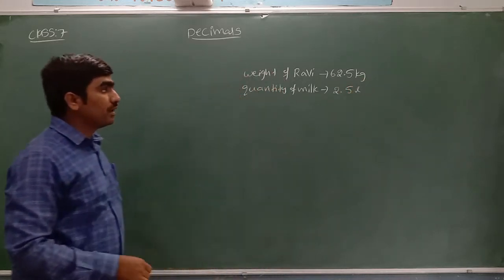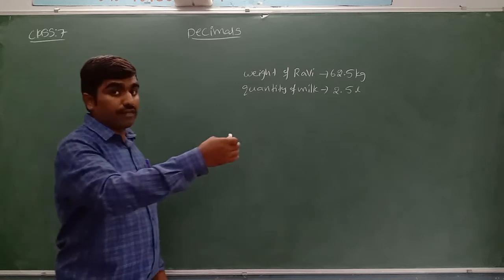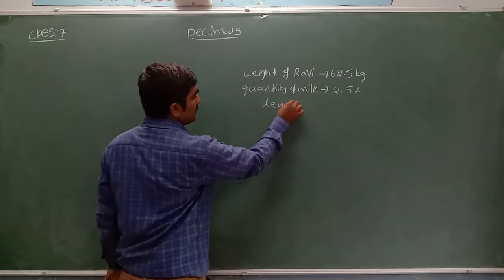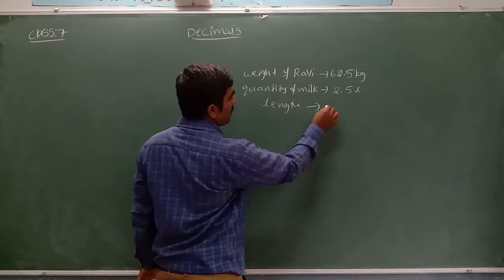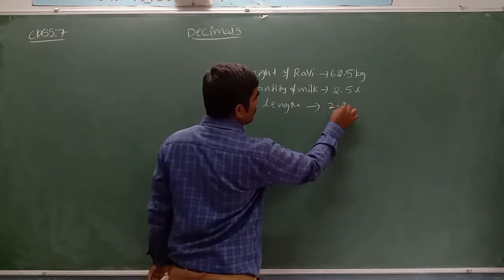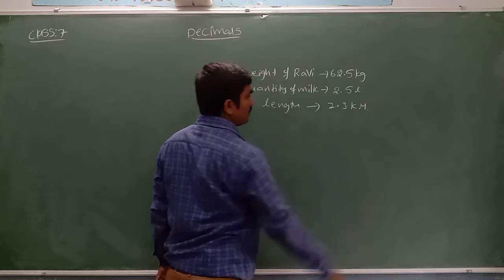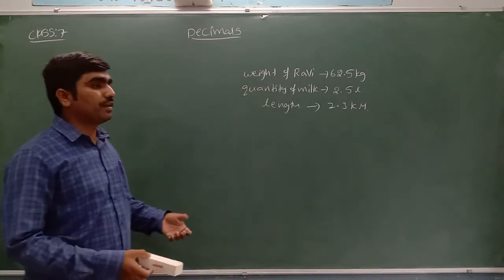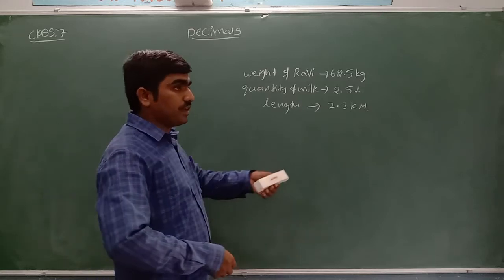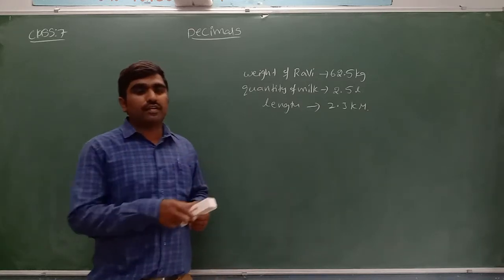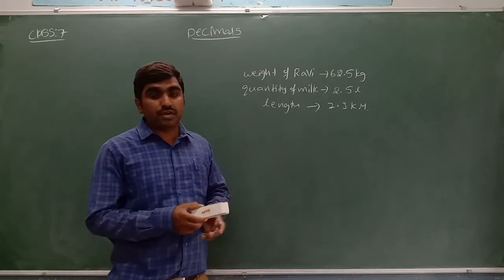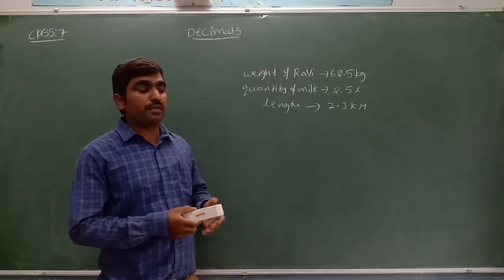Suppose you travel some distance to come to school in the morning. That length we can also measure. In the morning, while coming to school, I covered a distance of 2.3 kilometers. We can see more. If you go to a bank, in the passbook we can see 2.50 rupees credited or debited.